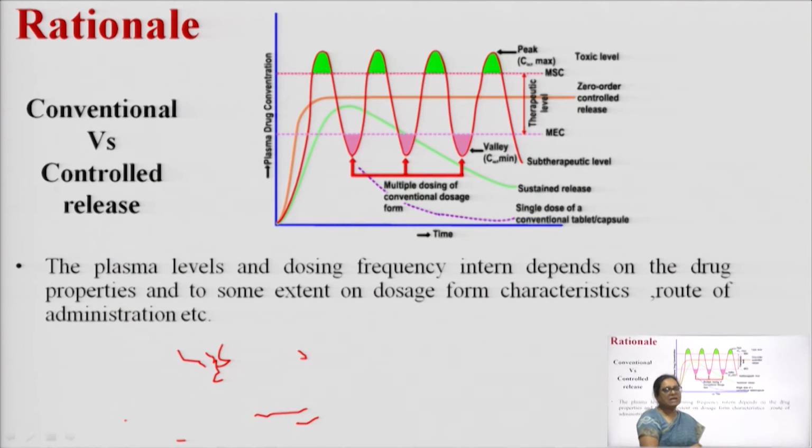However, in case of controlled drug delivery, initial plasma levels are attained with 1 or 2 doses of the drug and subsequently the dosage form is so designed that it releases the drug at such a rate that a constant plasma level is maintained. So, the drug is maintained within its therapeutic range by a single dose administration of a controlled drug delivery system.